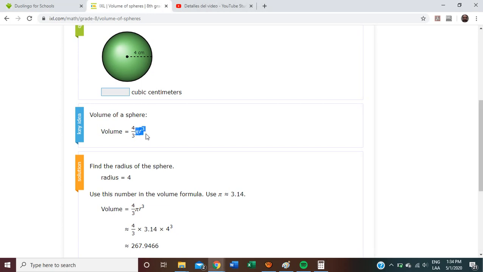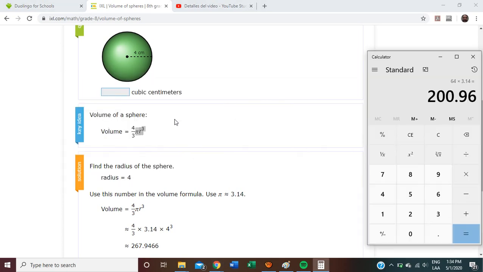Now we are going to multiply by 4/3. One easy way to multiply a number times a fraction is to multiply it by the numerator, and then divide it by the denominator. Okay? So we're going to multiply this times 4, and then the result we're going to divide by 3. All right? And this is the answer.